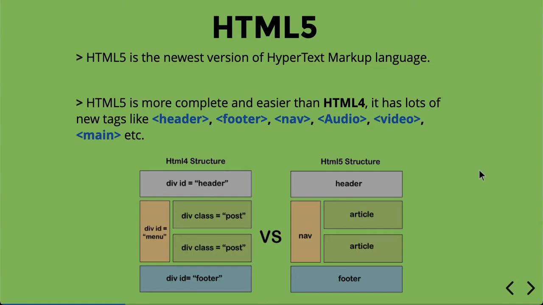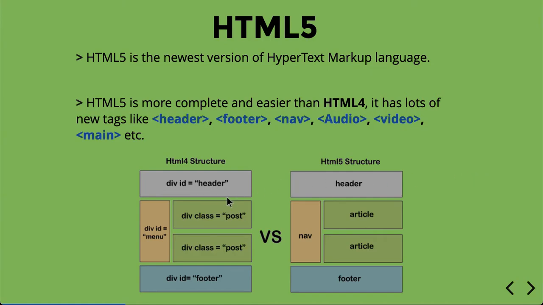HTML5 is the newest version of hypertext markup language, and as I mentioned, it has some new tags like header, footer, nav, audio, video, main, which are useful to structure our web page in a very structured, standard way, which creates a powerful benchmark as compared to HTML4.